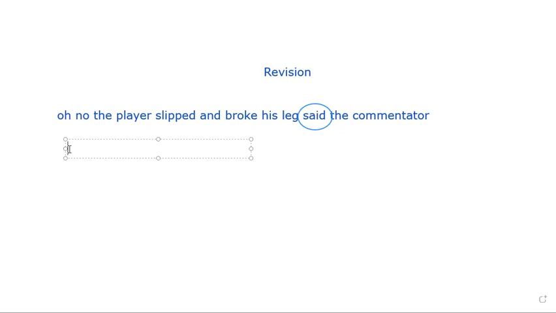So first we're going to open the quotation and say in capital letters, oh, comma, no, exclamation mark, another capital letter, the player slipped and broke his leg.